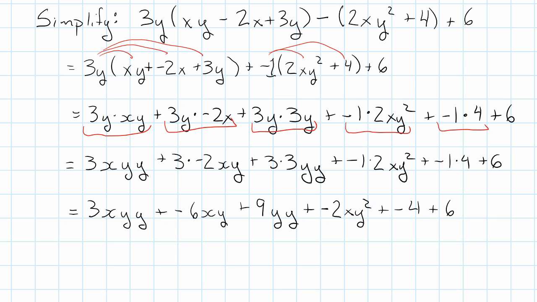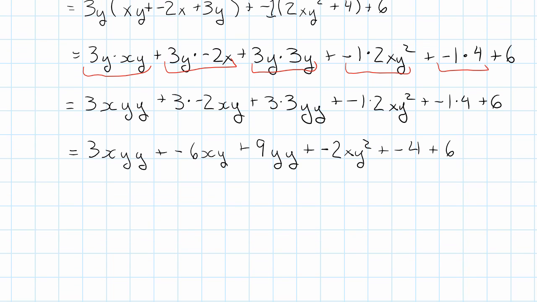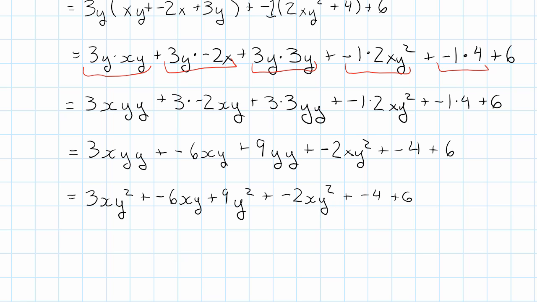Next, all the repeated multiplication of variables I'm going to rewrite with exponents. 3xyy is 3xy squared, plus negative 6xy, plus 9yy is 9y squared, plus negative 2xy squared, plus negative 4 plus 6.